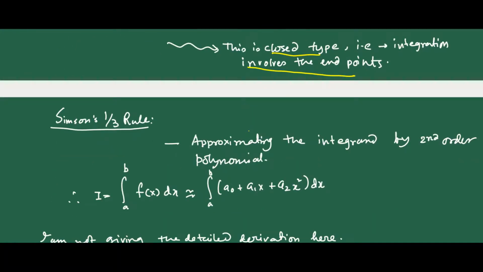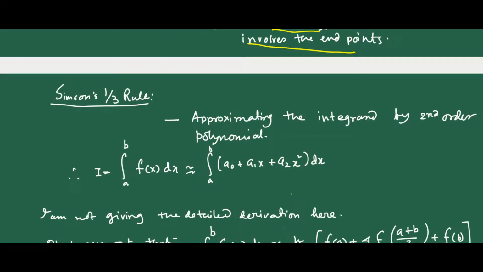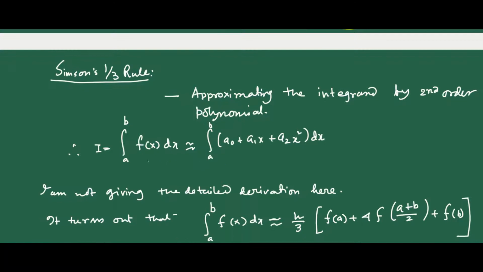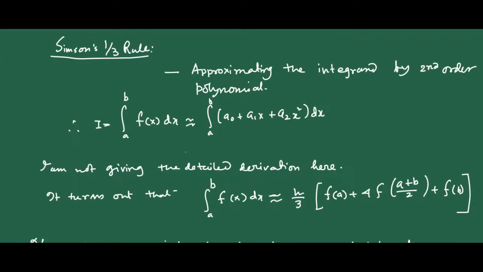Basically here we approximate the integrand by a second order polynomial, that means f(x) equals a0 plus a1x plus a2x squared. I am not giving the complete derivation, I am just stating the results. It turns out that it can be approximated in this way: h over 3 times the first value f(a), and 4 times the intermediate value.